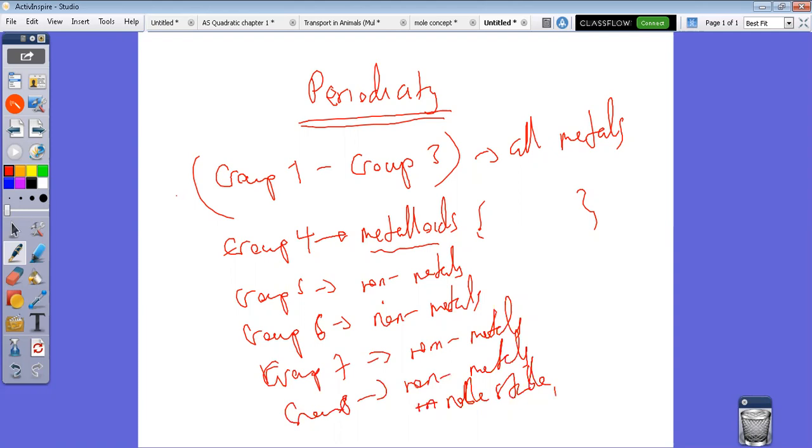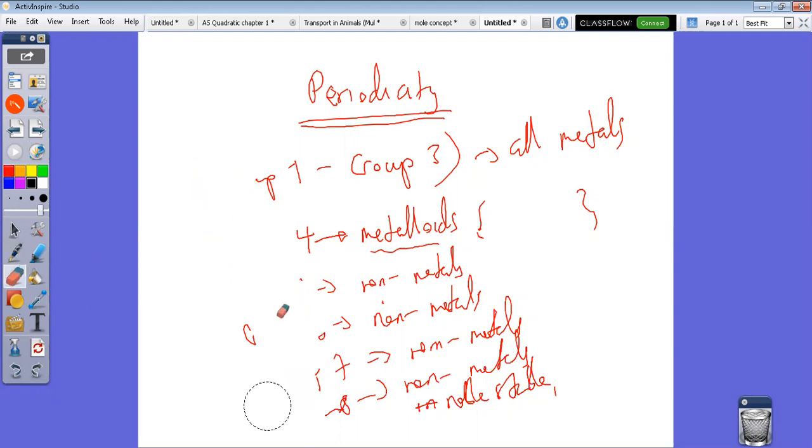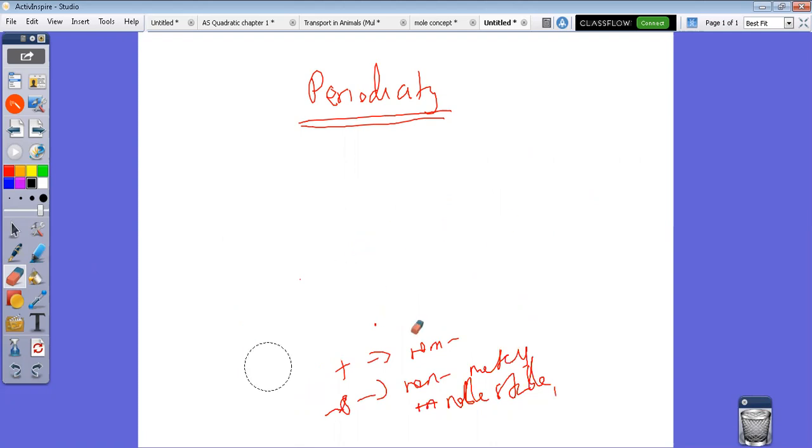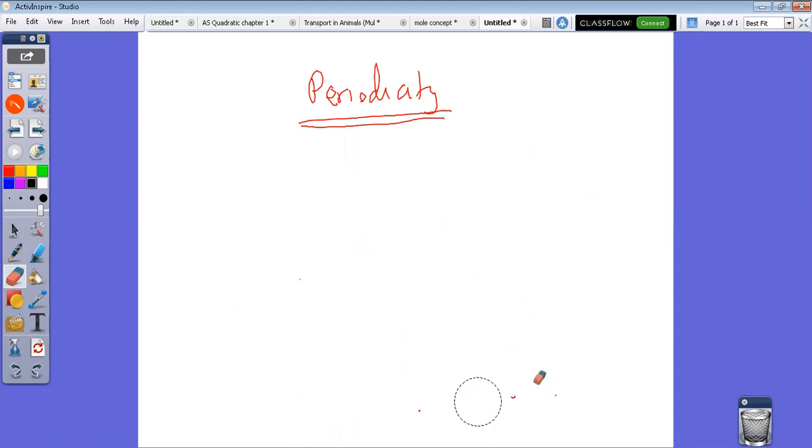Now if you need to be good in chemistry, you can write NB, you need to know the reactions. You need to know the first 20 elements in detail, if you want to be good in A level chemistry.